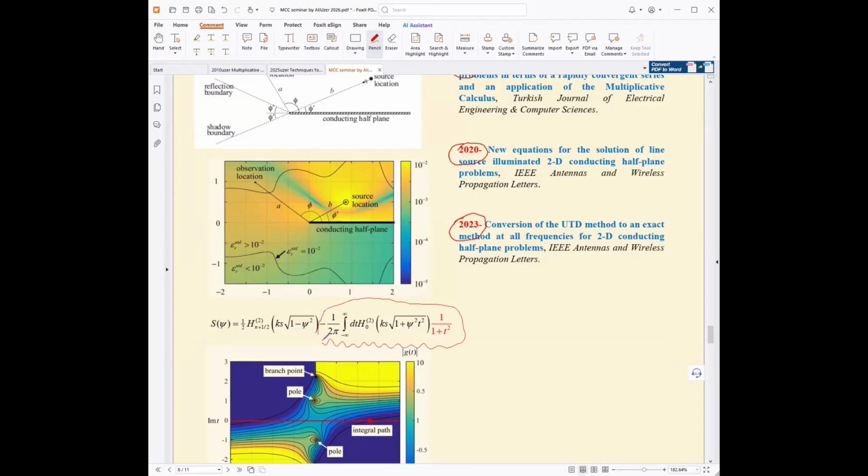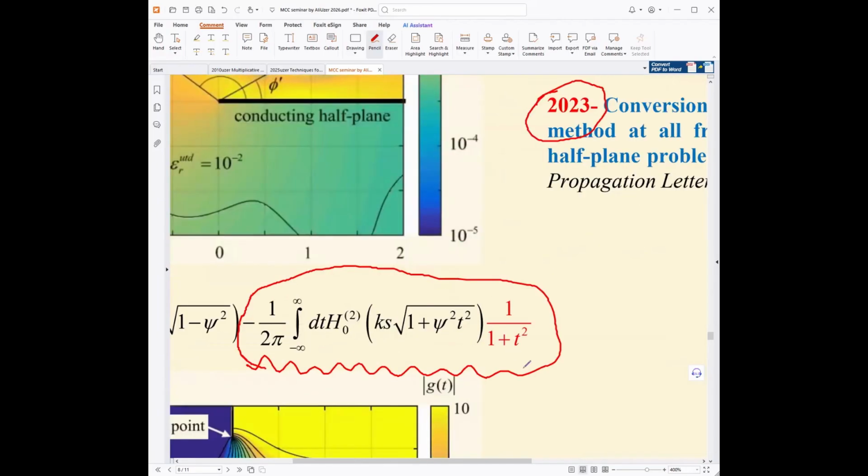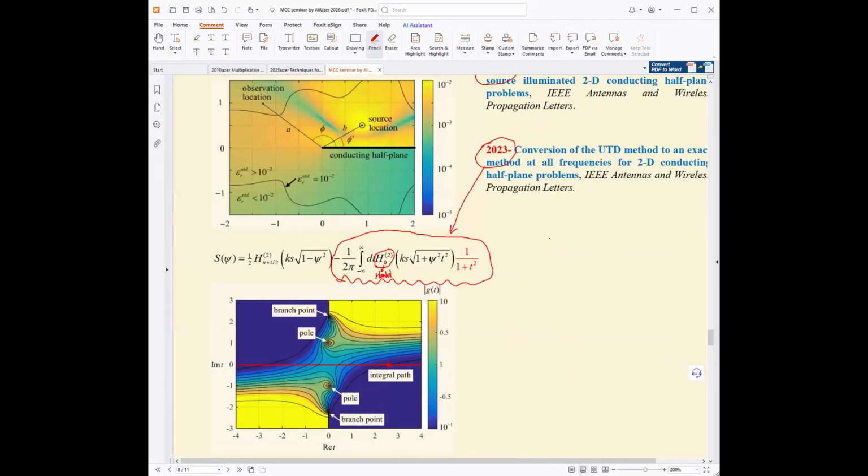These problems are a bit complex, and their solutions are according to the evaluation of this integral. H0 in this kind of representation is known as Hankel function. In one of the papers in 2023, this problem was discussed.